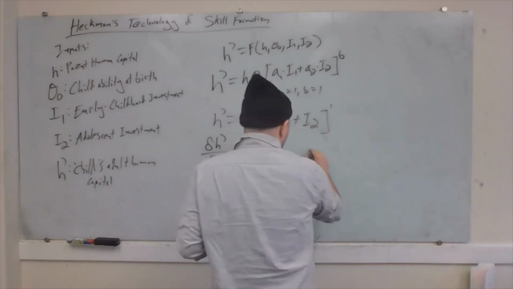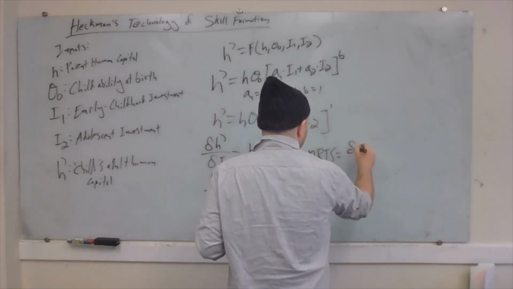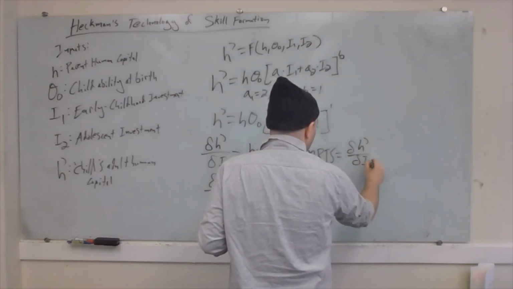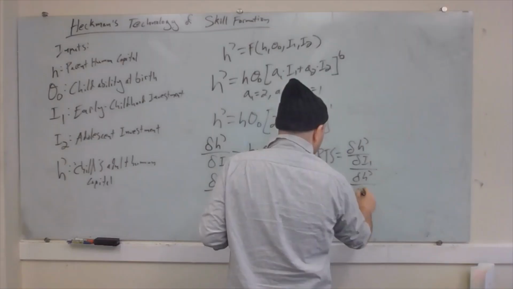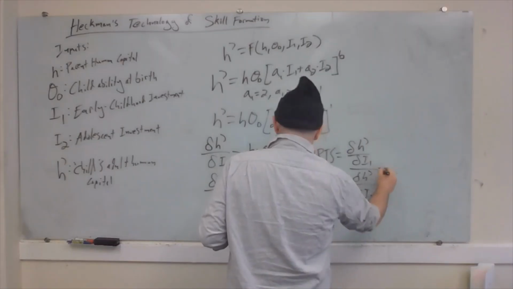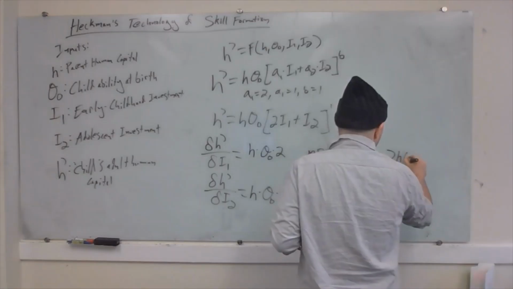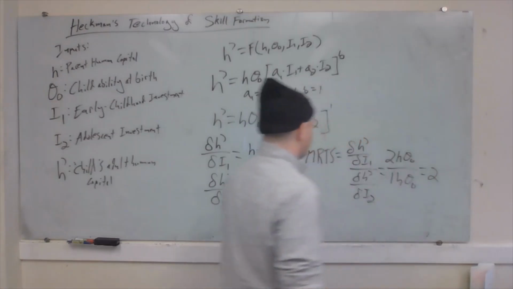So as a result, my MRTS, which is equal to dH prime dI1 over dH prime dI2, is just going to be 2H sigma naught over 1H sigma naught, which just equals 2.